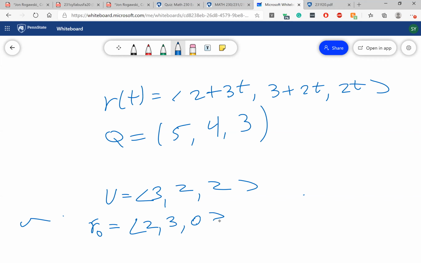So now the vector from R0 to Q is equal to 5 minus 2 is 3, 4 minus 3 is 1, 3 minus 0 is 3. So this is going to be our vector.